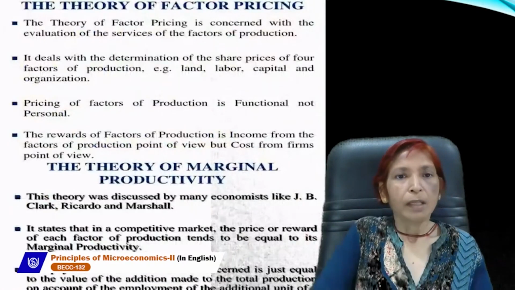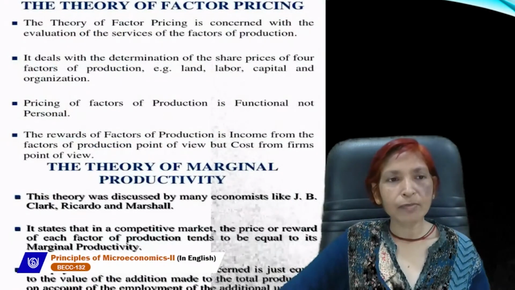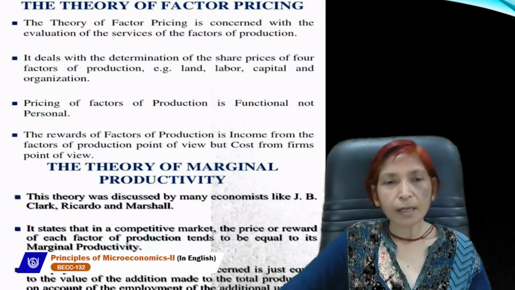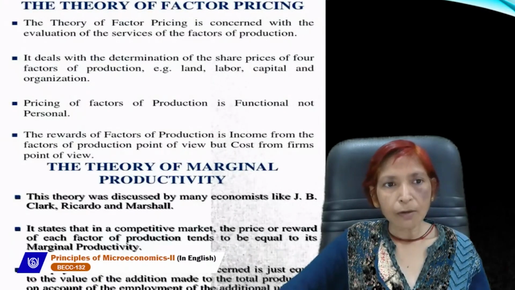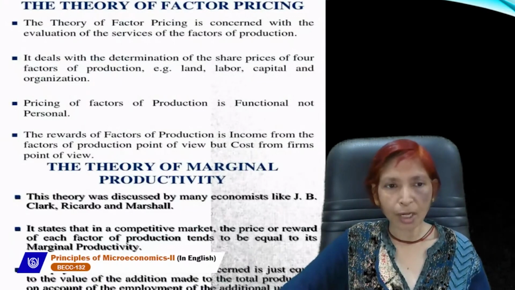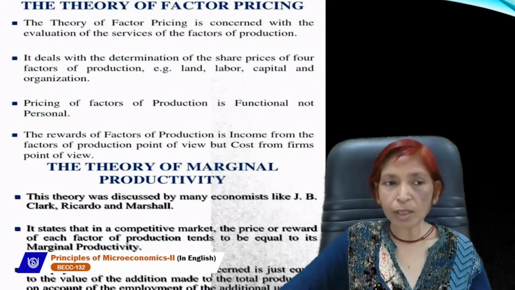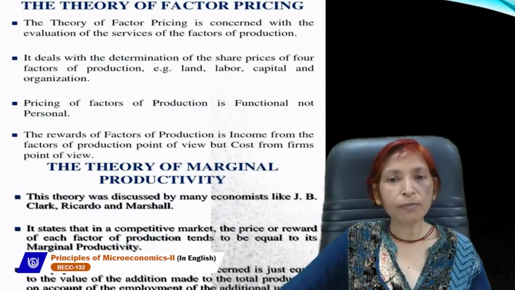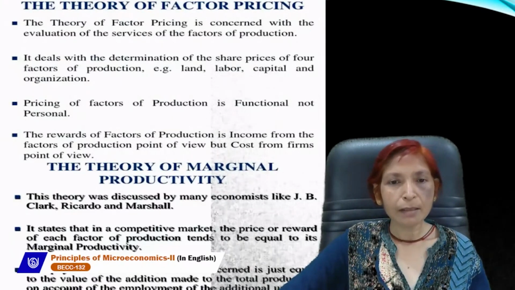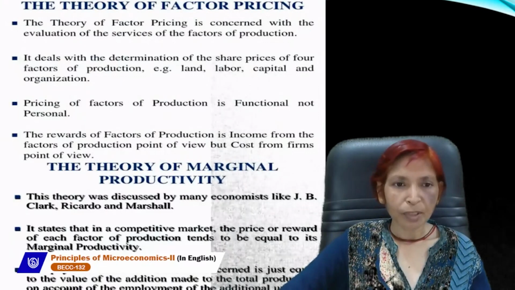Next is the theory of factor pricing. As we discussed in yesterday's session, this theory of factor pricing is concerned with the evaluation of the services of factors of production. It deals with the determination of prices of four factors: land, labor, capital, and entrepreneur.